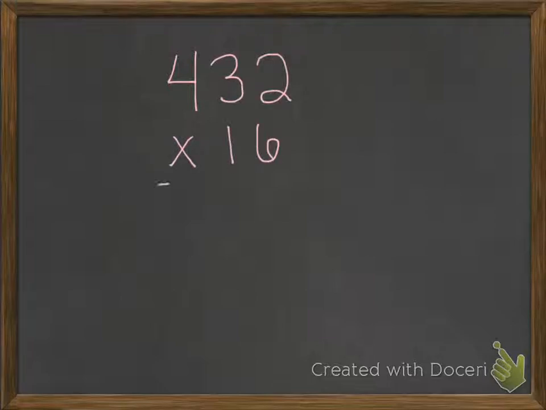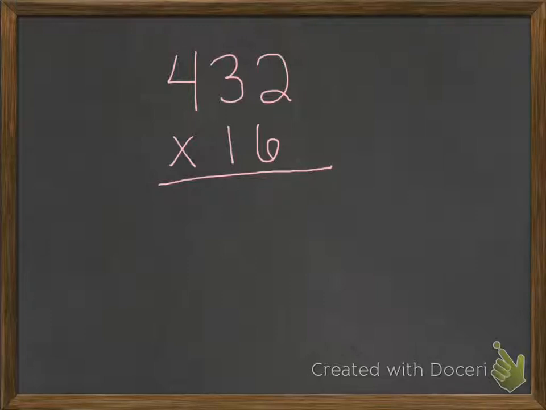Let's take a look at a slightly harder problem. This time, we're going to go with 432 times 16. Again, same as the first two problems, we lined everything up to the right. In this problem, we definitely have 2 numbers on the bottom, but we're still going to focus just on the ones place for now.